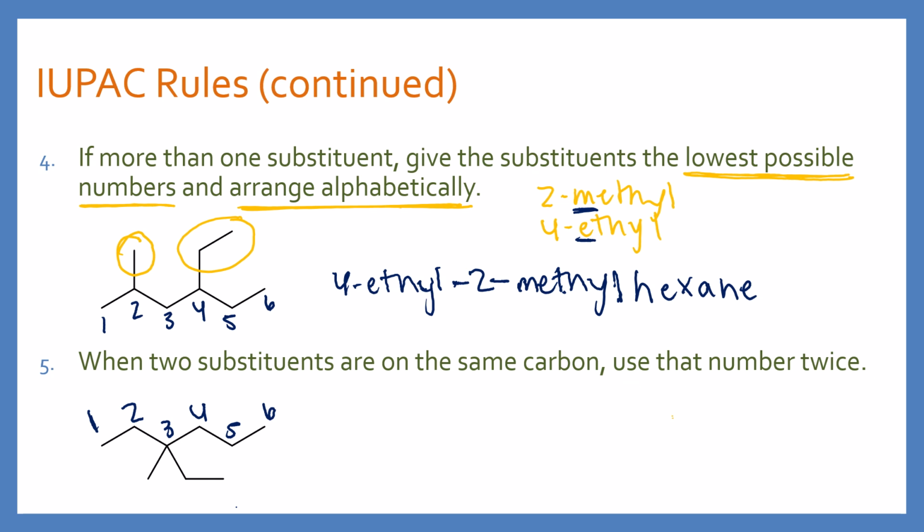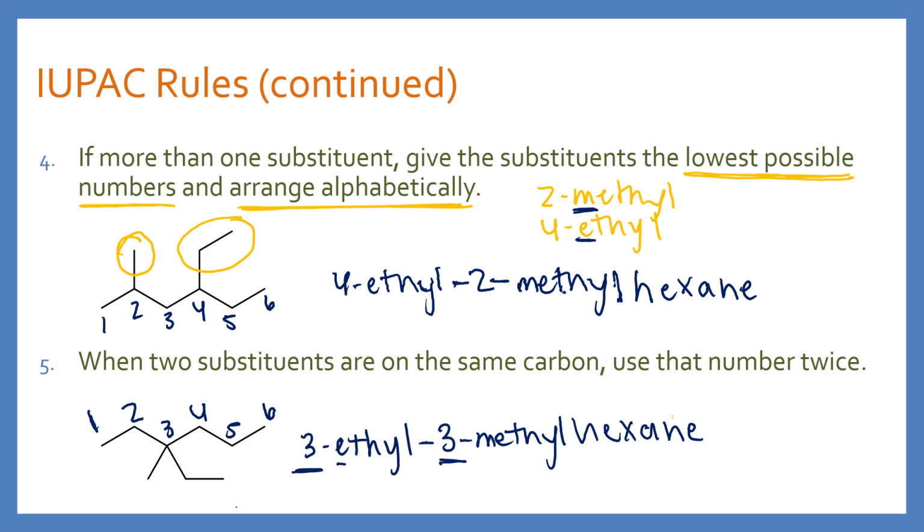So my substituents are 3-ethyl. I'm going to go ahead and put them in alphabetical order. 3-methyl. And then I finish up with hexane because my parent compound is hexane. So I'm using my locant twice, and I'm still keeping my substituents in alphabetical order.